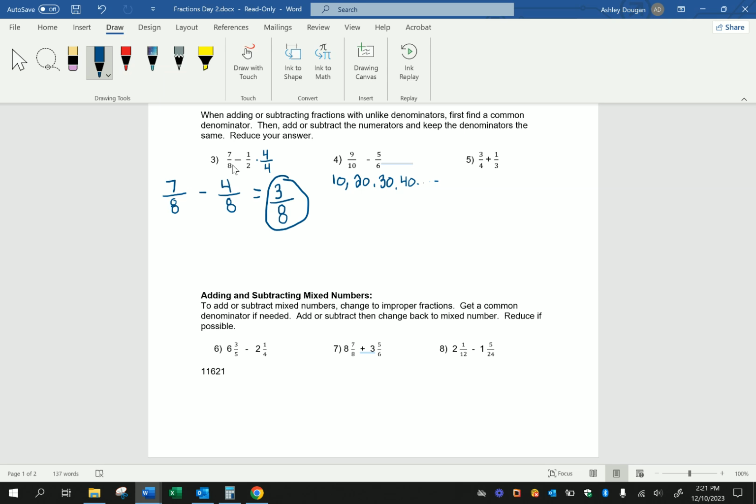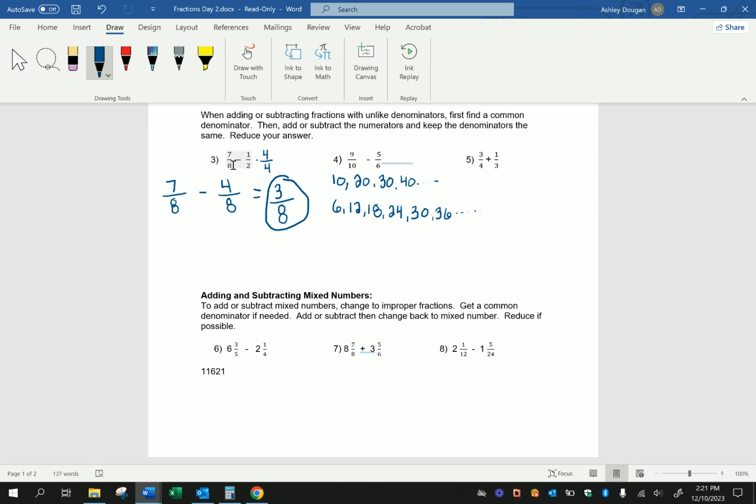And then I'm going to list out some multiples of 6. Times 2 is 12. And I'm just kind of listing them out in order. Times 5 is 30, times 6 is 36, and again, we could kind of go on and on.